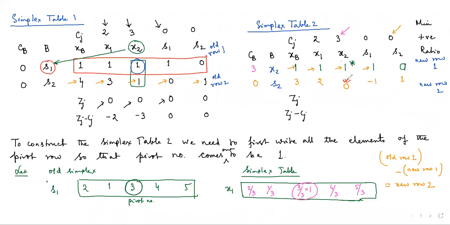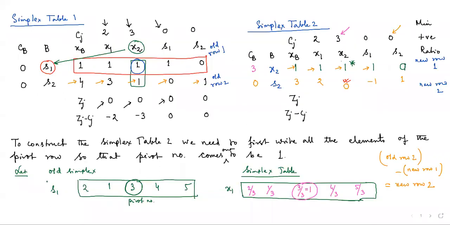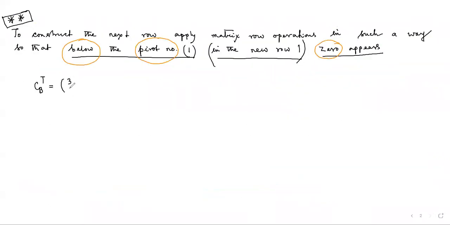Now all the elements of this particular table have been constructed. Now we need to calculate Zj and Zj minus Cj, and let's hope for the best. So the calculation of Zj minus Cj is as before. For the calculation of Zj, now you see my CBT is the transpose of this matrix, that is the row 3, 0.